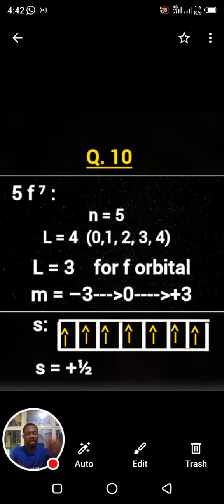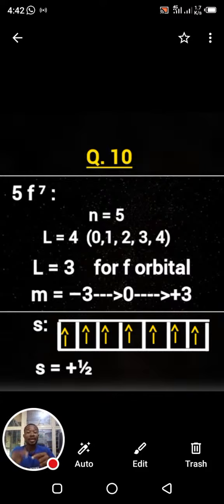If maybe the spin is downward, it would have been minus half. And I'll give you an instance. Assuming that instead of 5F7, let's assume it is 5F8, so you have 8 electrons. When you get to the last block, that's block number 7, you've gotten 7 upward spins. Now you go back for the 8th electron, you come to the first block and start pairing according to Hund's rule.